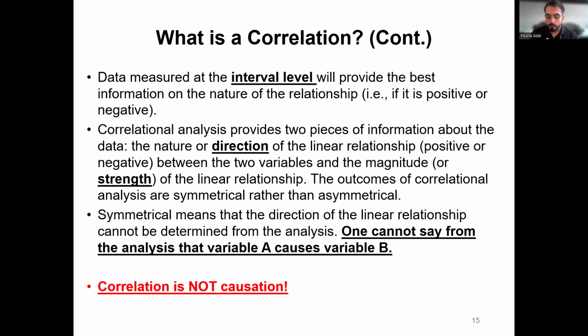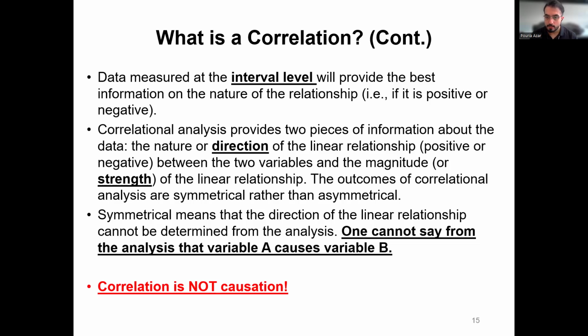So correlation analysis in general provides two pieces of information about our data: the nature or the direction of the linear relationship, whether it is positive or negative, between two variables, as well as the strength or magnitude of the linear relationship.